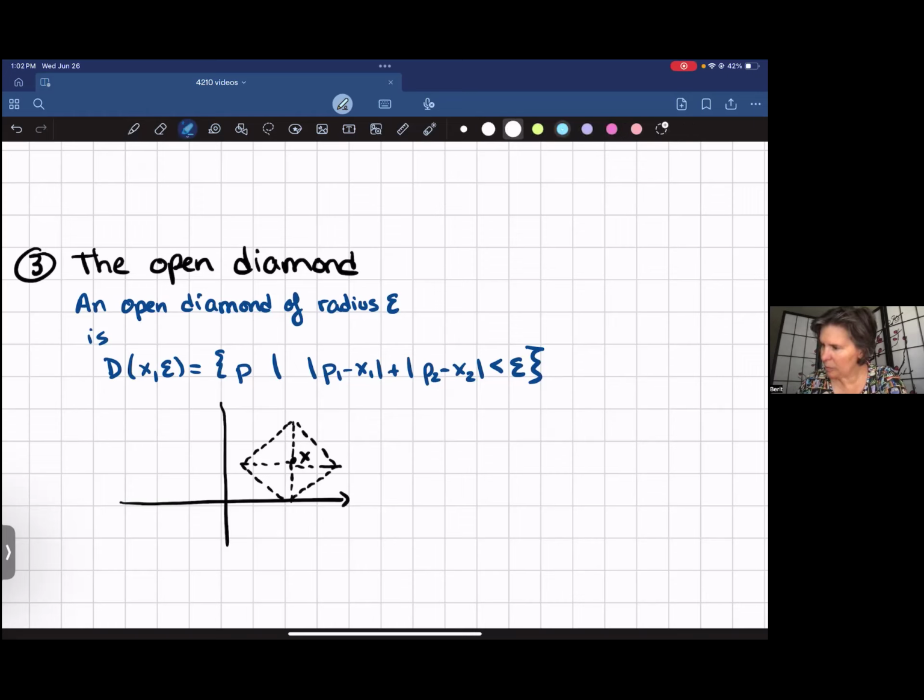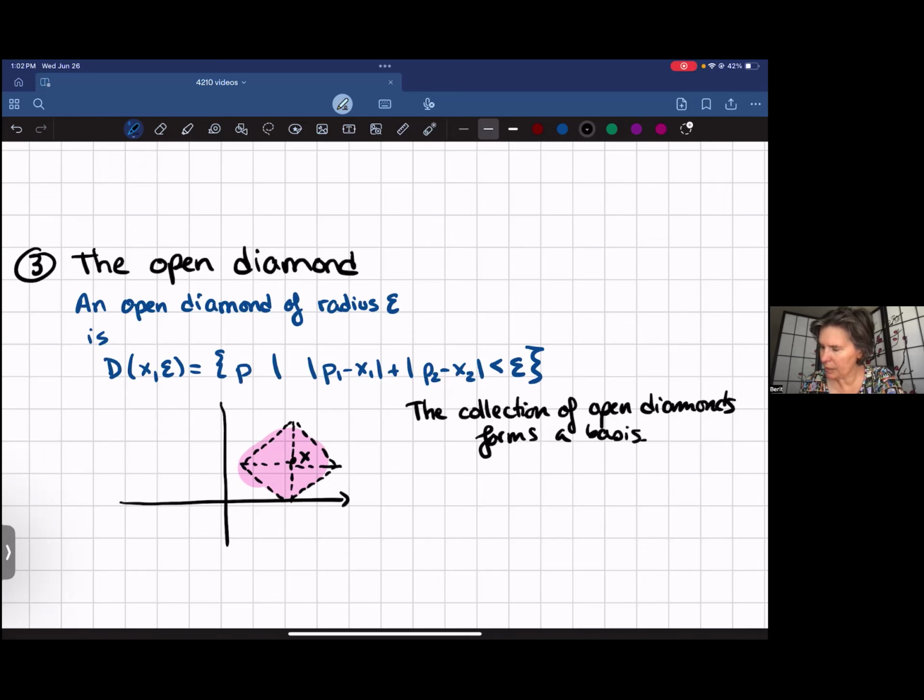So this is the open diamond of radius epsilon centered at X. And I claim that these also form a basis. The collection of open diamonds forms a basis.